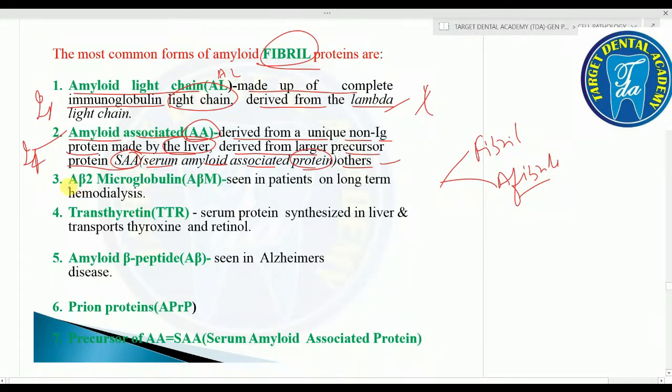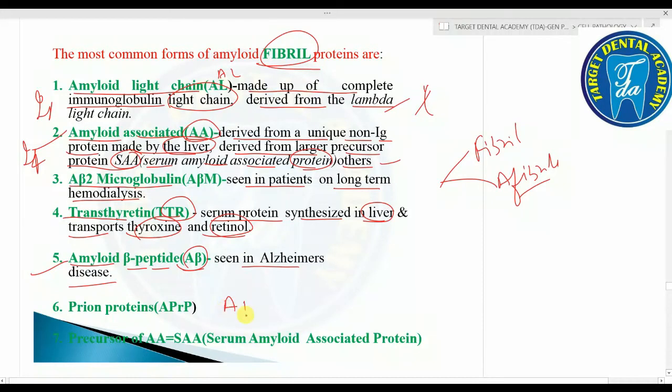Next is A beta 2 microglobulin, which is seen in patients on long-term hemodialysis. TTR means transthyretin. It is a serum protein synthesized in the liver that transports thyroxine and retinol. The fifth one is A beta, which means amyloid beta peptide, seen in Alzheimer's disease.